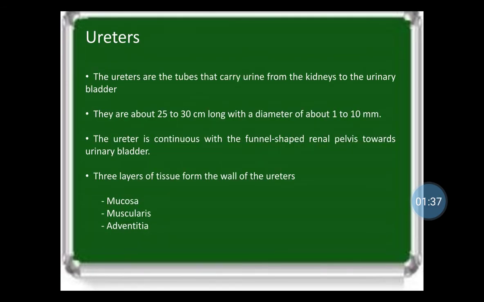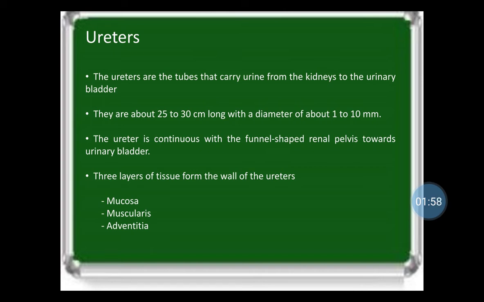The mucosa is from the mucus, and this is the innermost layer of the wall of the ureter, and it prevents contact of the urine, the solutes and the pH of the urine with the wall. So it prevents irritation of the wall.